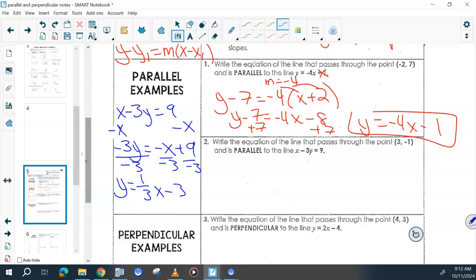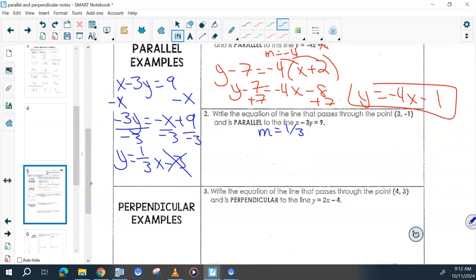Now that does not answer our question. We just rewrote the original in slope-intercept form. So now we have to go back and do this process. Cross out that y-intercept. We don't need it. We have our slope. It's parallel, so I'm just going to write that over here so I know what it is. And I have my point, x1, y1. So we're going to put that back into our equation. y minus -1, or plus 1, equals 1/3 times x minus 3.